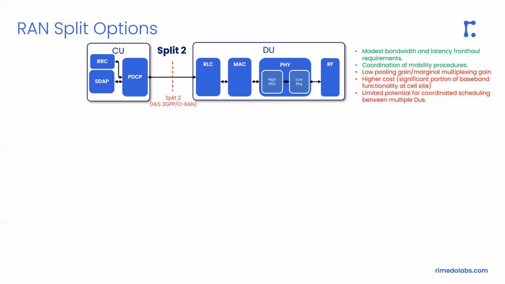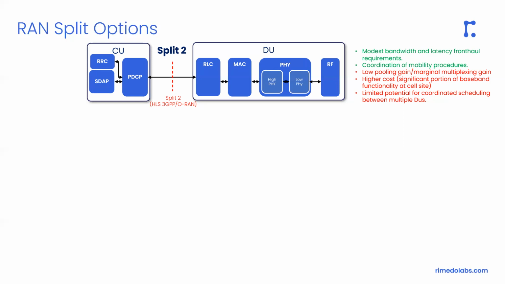In that case, we have modest bandwidth and latency on the front haul. That's sort of a mid haul rather, for the latency and the throughput on the fiber requirements. And we are able to use it for mobility procedures like dual connectivity or intra-site handover.